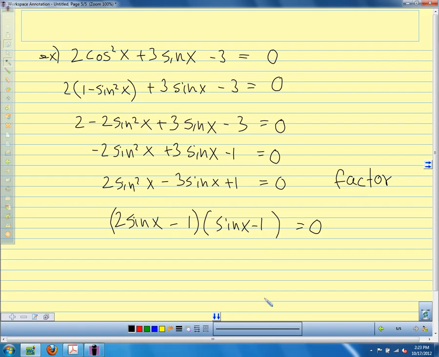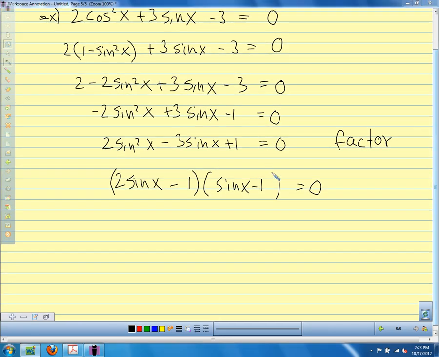So there's my factored equation. So this tells me one of these two parentheses has to be 0. So 2 sine x minus 1 equals 0, or sine x minus 1 equals 0. This one tells me that sine x equals 1/2. This one tells me that sine x equals 1.